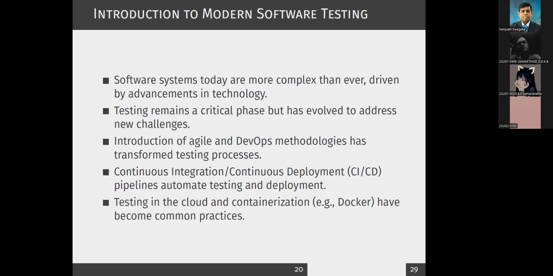Therefore, nowadays we talk about continuous integration, continuous deployment, or CI/CD, or pipelining. That means it is automated. Once you have designed something, you test and deploy. So any software you develop nowadays, you might see these three phases: design, test, deploy. All of it comes together, and most of the time it's automated.